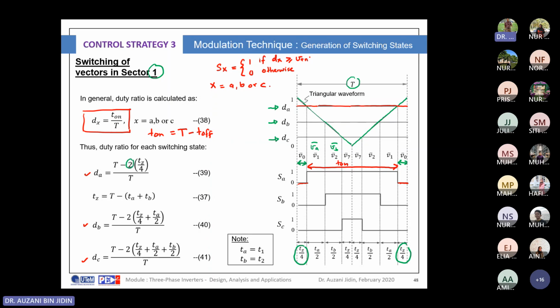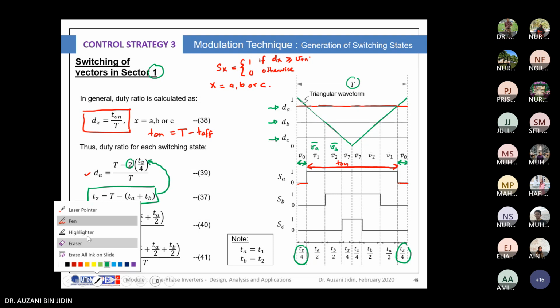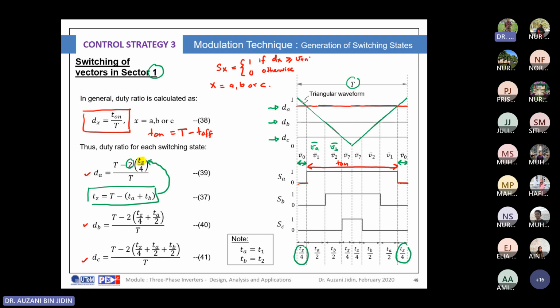Right? So your T on for dA is the difference between the switching period and 2 times of Tz divided by 4. Then we know that Tz is the difference between the switching period and summation of Ta and Tb. So then you can substitute to here. Okay, then we go for Tb.